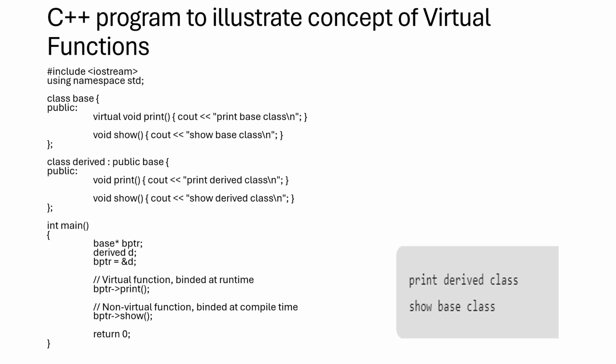This is because base pointer equals ampersand D, which means the derived class object is assigned to the base pointer. Next, the non-virtual function show is bound at compile time, so this automatically goes to the base class show, and show base class is printed.